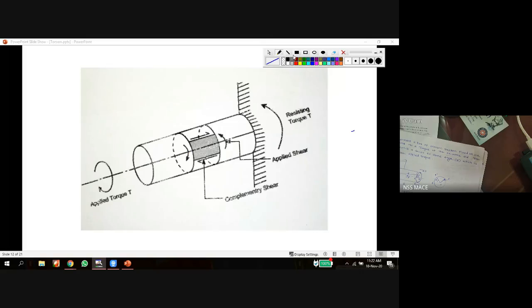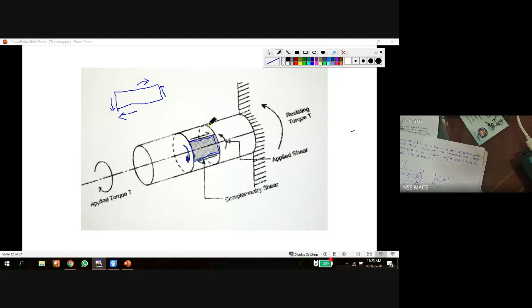If we take a rectangle, and a shear stress is applied on two faces, on the two other faces complementary shear stresses are developed to balance these two external shear stresses. Similarly, if you take this rectangle on the surface of this shaft, a resistance shear stress is developed.